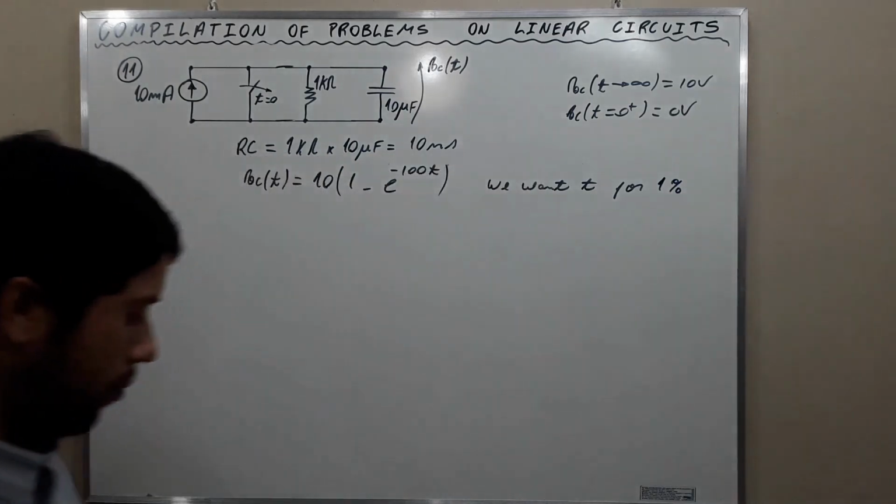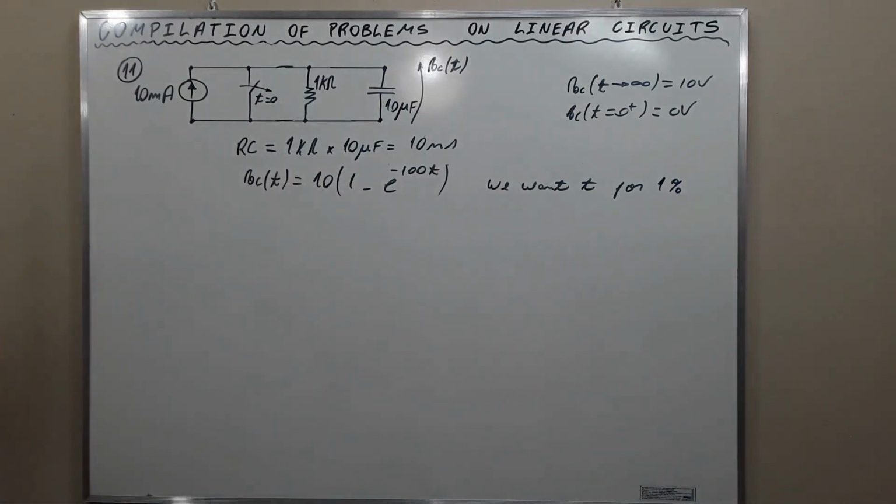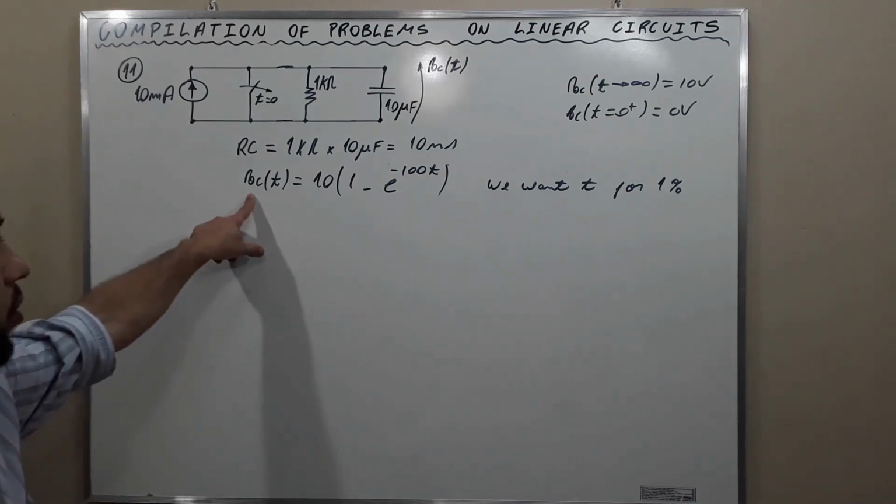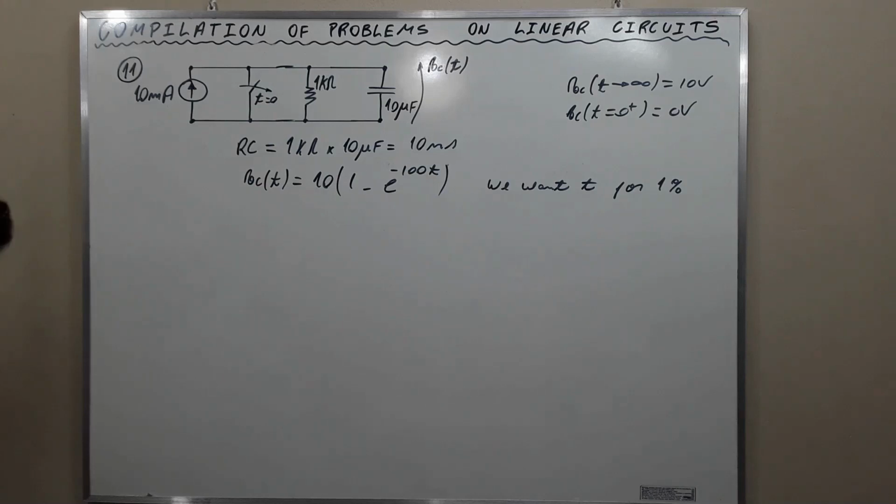We want t for 1%. We want to determine how long it takes after switching before the capacitor voltage reaches 99%. Okay, we want to stay within 1% of its steady state value. In other words, we want at least 99% of the full charge.